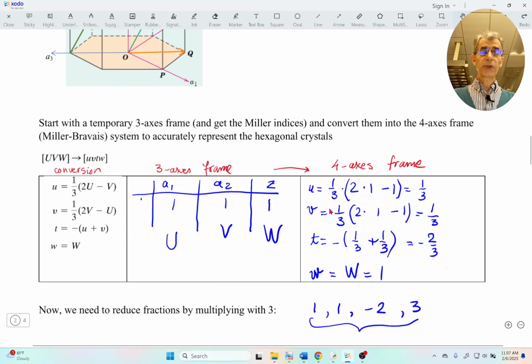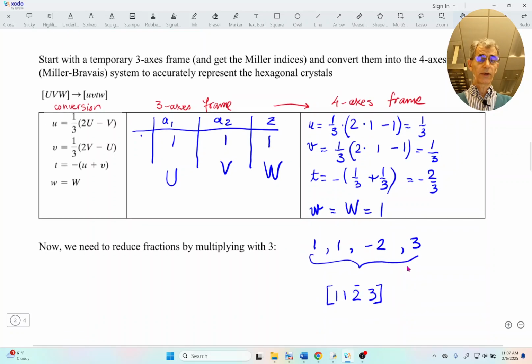And then we proceed using those formulas, very simple math, to transform to the 4-axis coordinate frame, and we get these fractions, and 1 here. We need to reduce the fractions in the next step, so the least common multiple will be 3 in this case, and when we multiply by 3, we end up with 1, 1, minus 2 here, and 3 there for the last one.